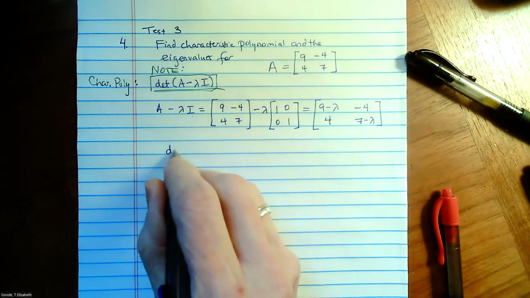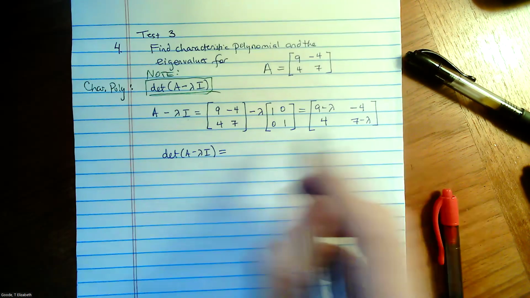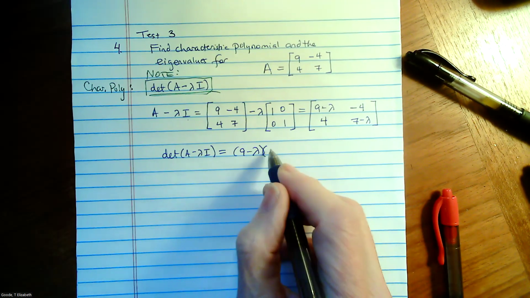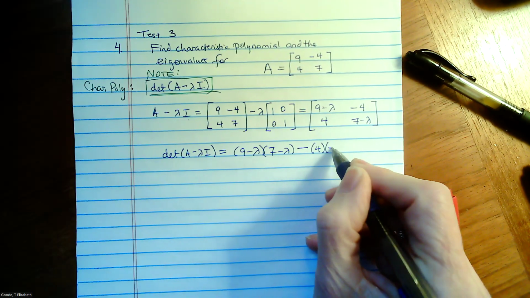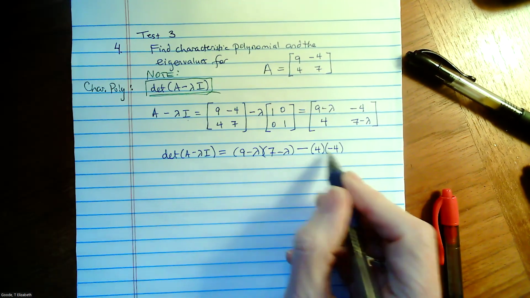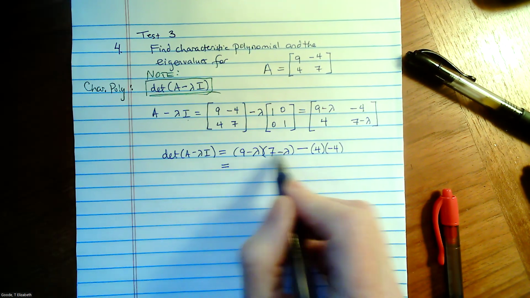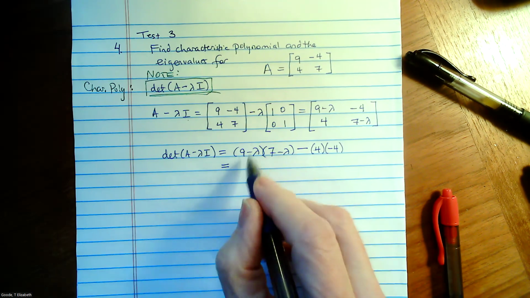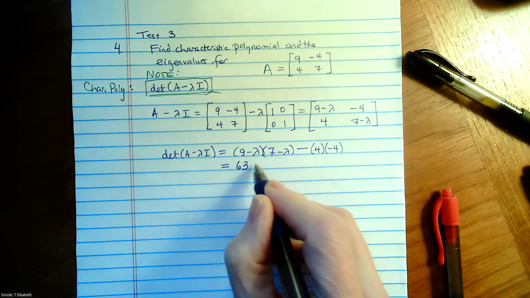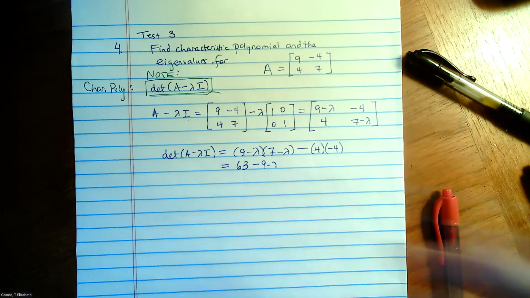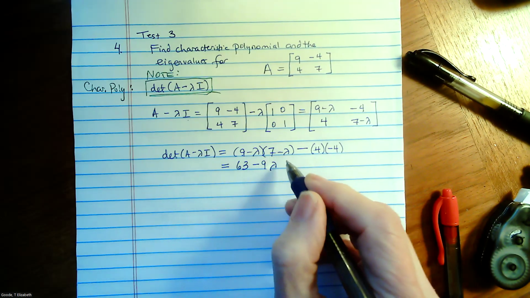So now we're going to find the determinant of A minus lambda I. It's this times this, so it's 9 minus lambda times 7 minus lambda minus 4 times negative 4, right? We have to be careful with these signs. That's why I made this minus really big. So when we distribute 9 minus lambda across 7 minus lambda, we get 9 times 7 is 63. 9 times negative lambda is negative 9 lambda.